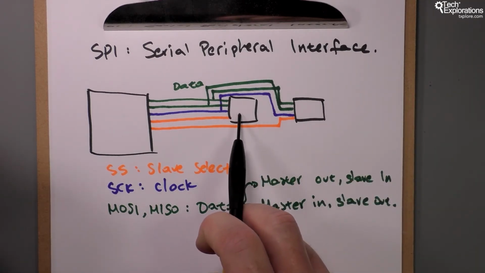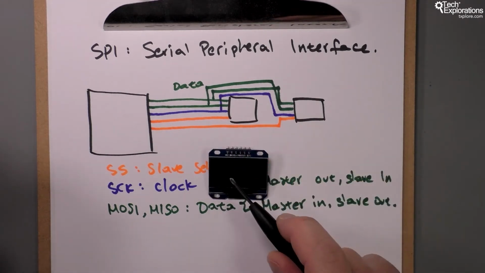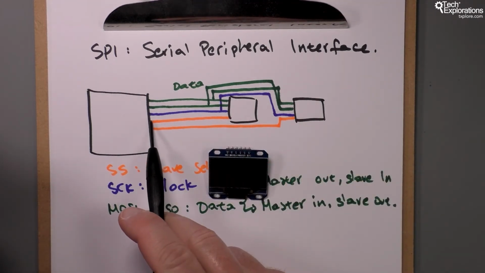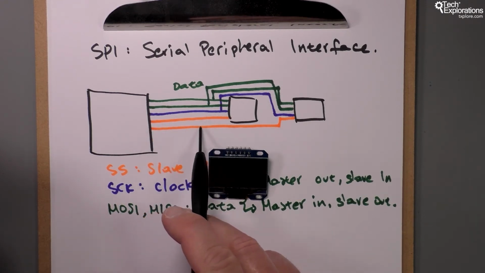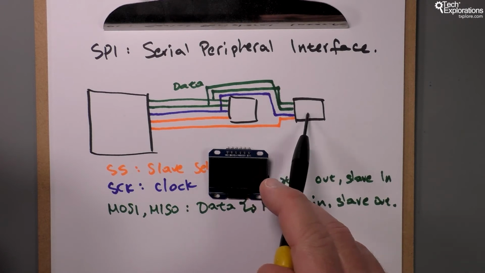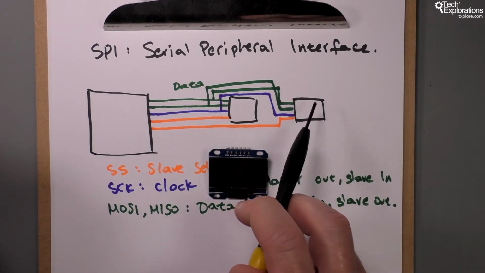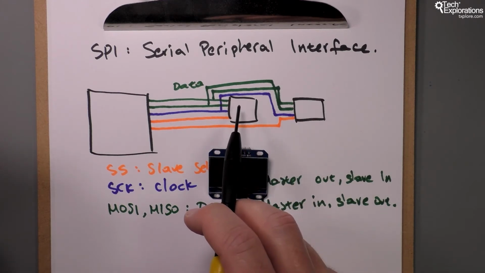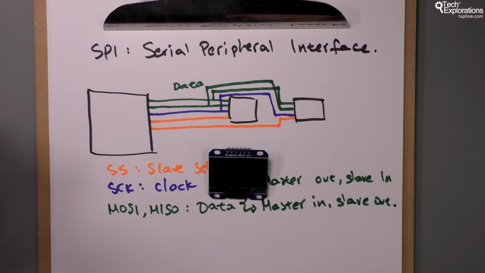So for example, if you want to get data or send data to your screen, then you need to put this orange line to logical high, and any other orange line going to other SPI devices to logical low. This way you disable any other device and just enable your screen, the device that you want to send data to.